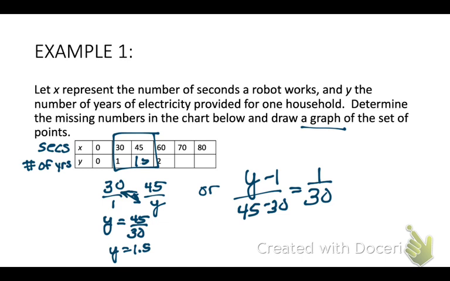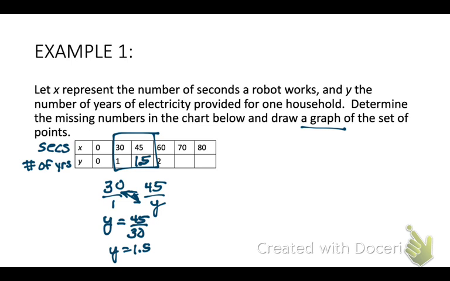I made that table too small. What would this one be? Well, we could do 60 over 2 is equal to 70 over our unknown y. 60 over 2 is 30 is equal to 70 over y.